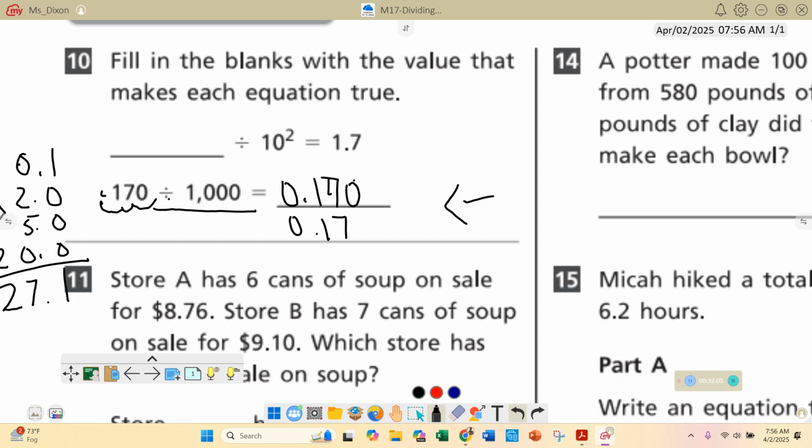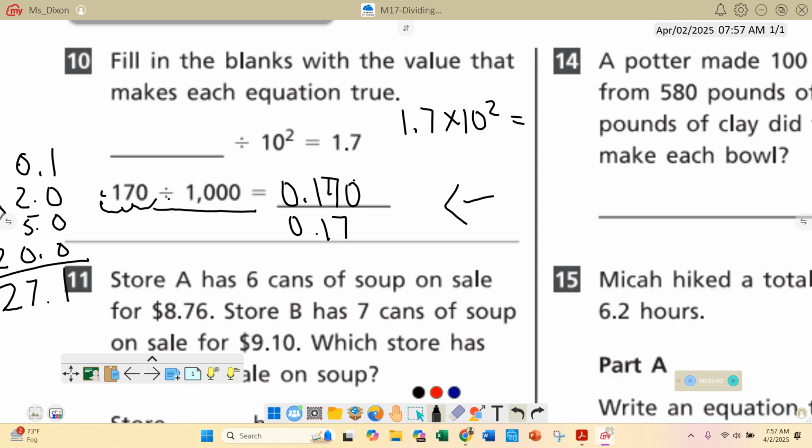All right, moving up to the first problem, because they have given us our answer, we need to think of this as if we could rewrite it as a multiplication problem. Okay, so use your fact family knowledge, and we're going to say 1.7 times 10 to the power of 2 equals, because we're rewriting it like a multiplication problem.